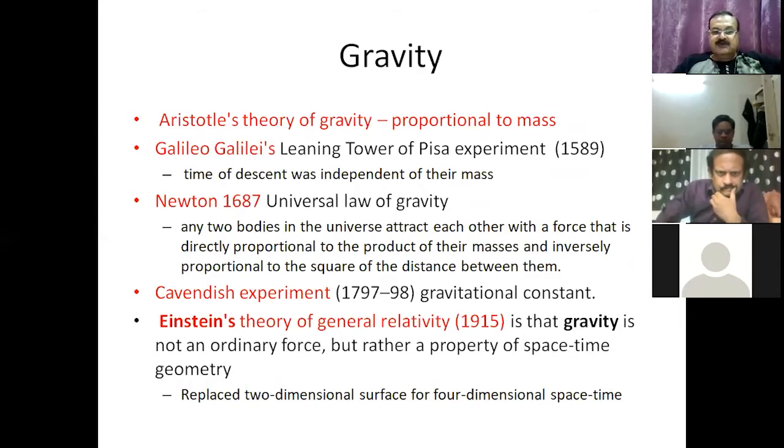One is Einstein's theory of general relativity, where he says it's not an ordinary force, but a property of space-time geometry. Einstein basically moved from the two-dimensional gravity, which was dependent upon the mass and the distance, to four dimensions, where he included space and time.